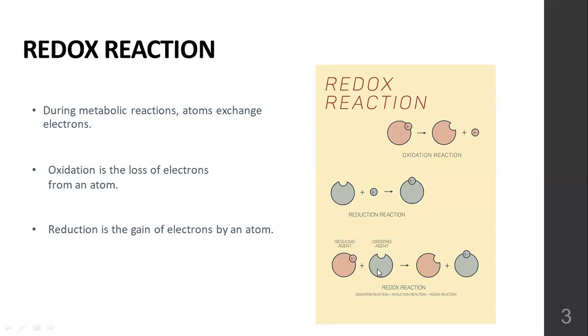Now, what is becoming unstable? What has lost an integral part of its structure? Your healthy cell's atom has lost something, right? Now the cell is not as healthy as before because till now it was stable. Once its electron was taken away by the oxidizing agent, now it is unstable, right? So that is how we can put the reducing agent and oxidizing agent into an example in the human body. Is it clear to all now?